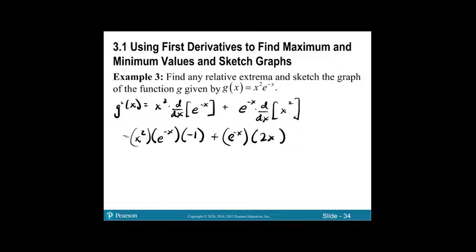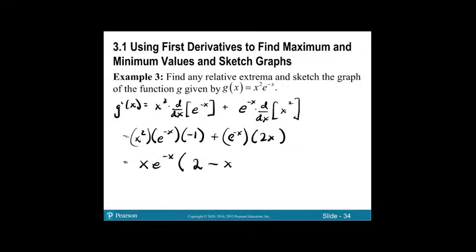Looks like we could factor out x e to the negative x from both terms. This leaves us with 2 minus x.